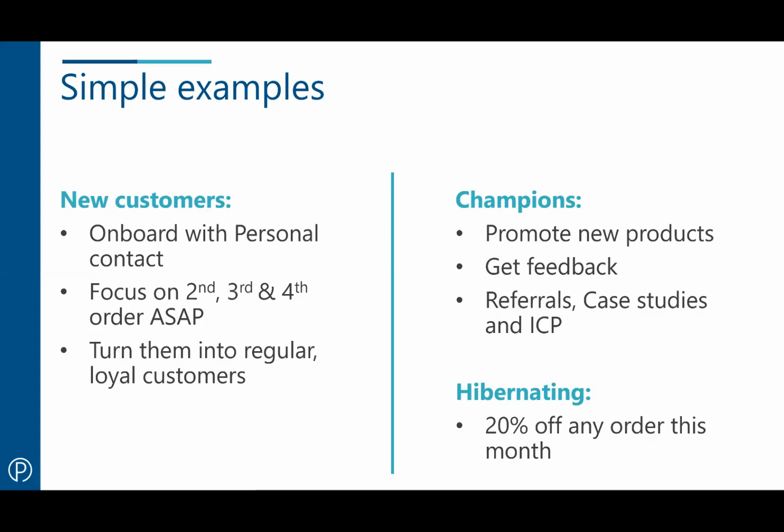That if you get a customer into the second, third, and fourth ordering pattern, then you'll get them into regular buying, and they'll just keep buying from you without as much effort following on from that. And you'll see some analysis of that, as I say, in some of those upcoming events that we're running. And really, for new customers, it's all about getting that fourth order out of them, and then turning them into regular, loyal customers.